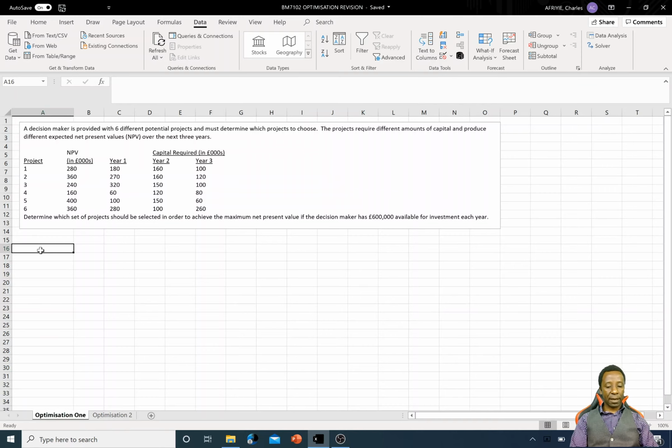So to set it up, we would normally look at the decision variables. If you remember, decision variables are the options that we are choosing from. So in this case, that will be the projects. So we have project 1, project 2, project 3, and so on and so forth.